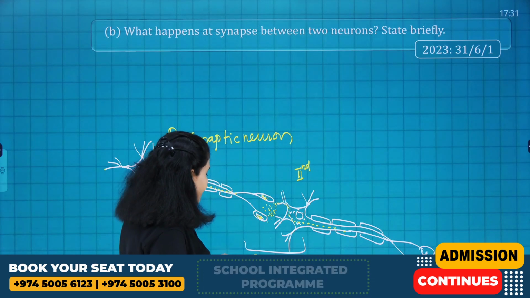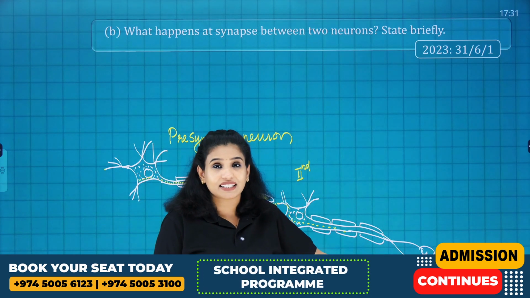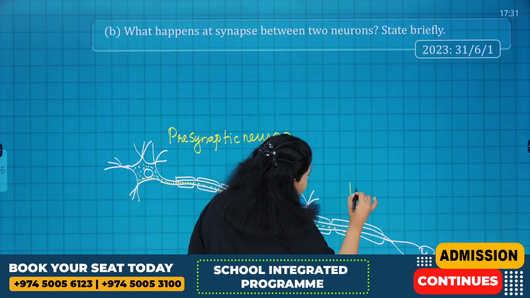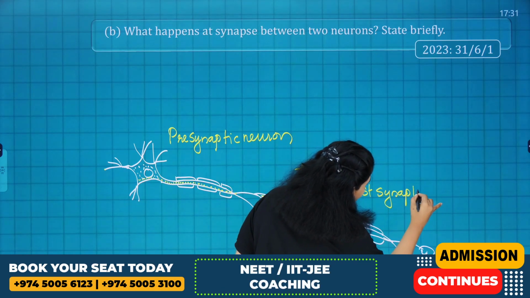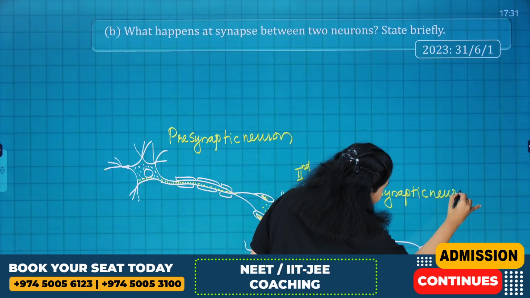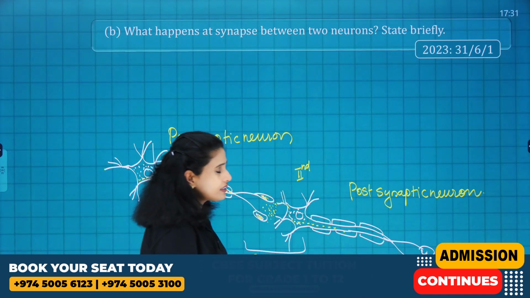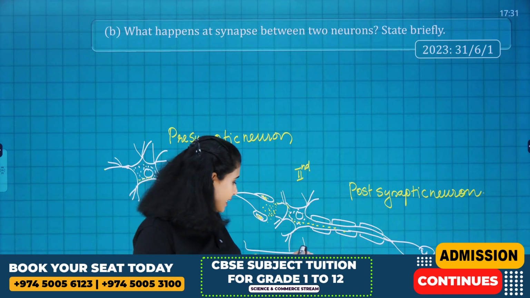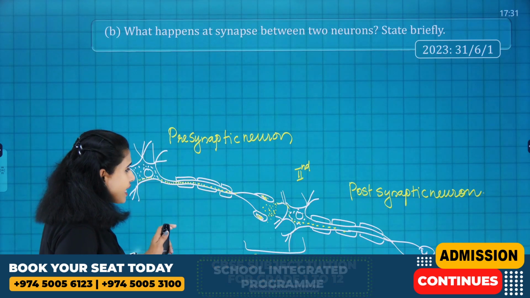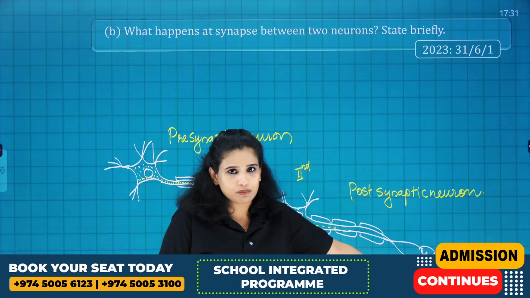And the neuron that is present after the synapse, we can call it as postsynaptic neuron. So you can see the synapse in between presynaptic neuron and the postsynaptic neuron.